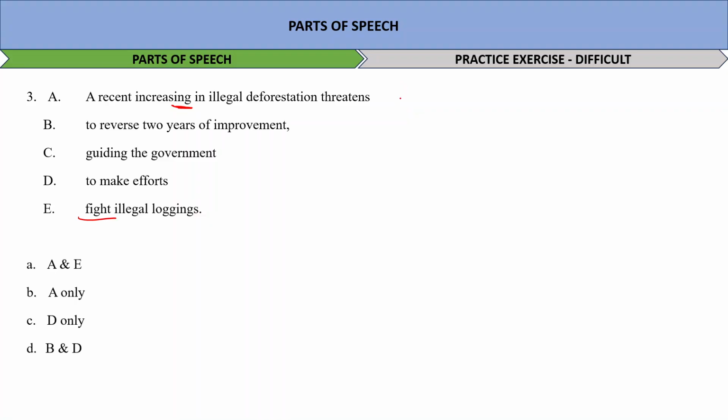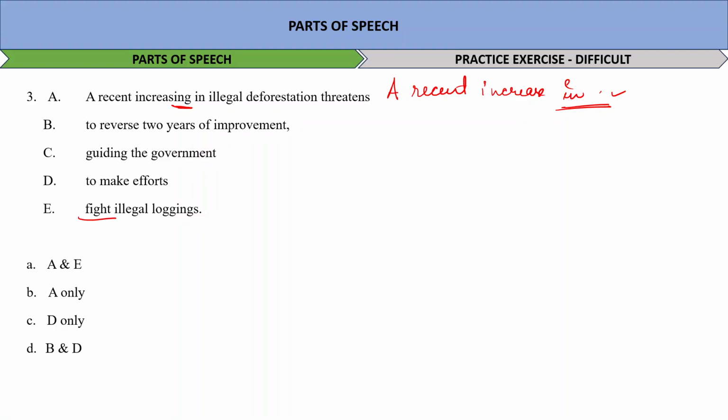Increasing should be increased. Since the question is talking about a general phenomenon, I will use a recent increase in illegal deforestation threatens to reverse 2 years of improvement, guiding the government to make efforts to fight illegal lodgings, and not just fight.